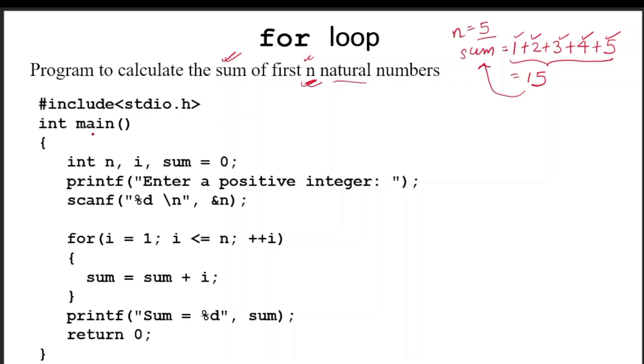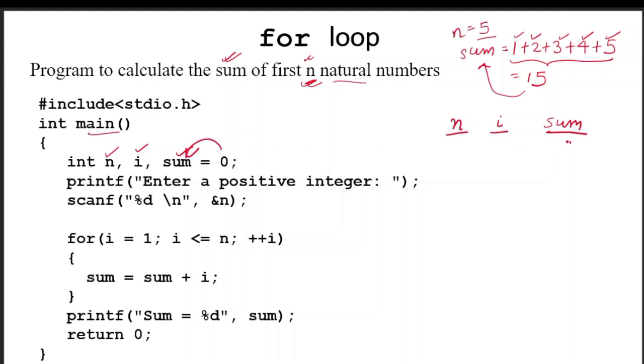So we have a main function here. We are taking variables n, i, and sum. If you see this code, we have taken a variable n, then a variable i, and then sum. The sum variable we are initializing with 0.